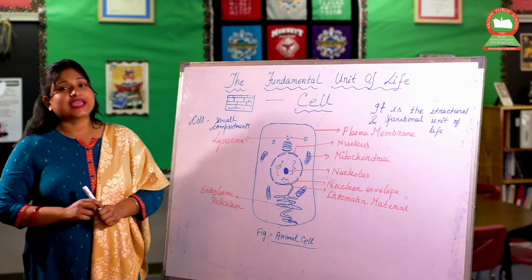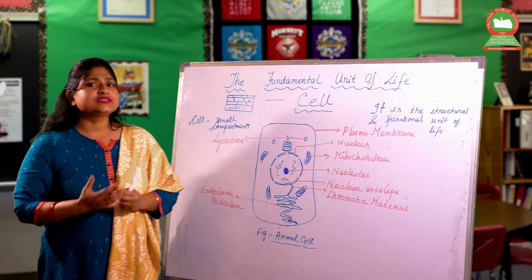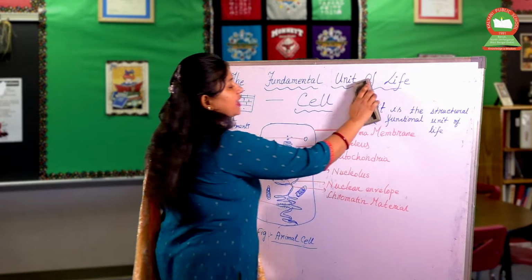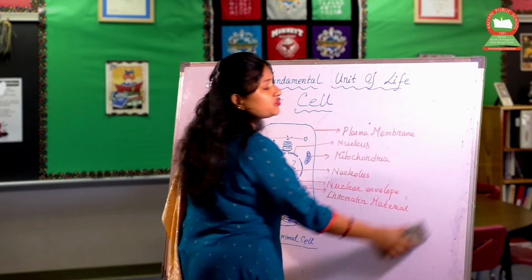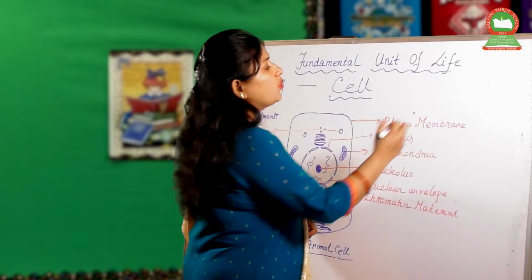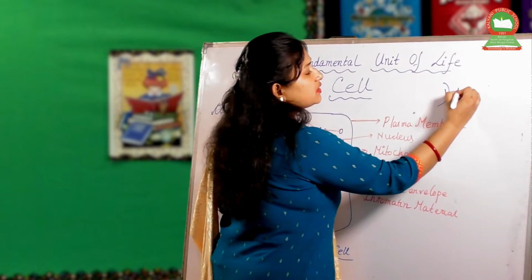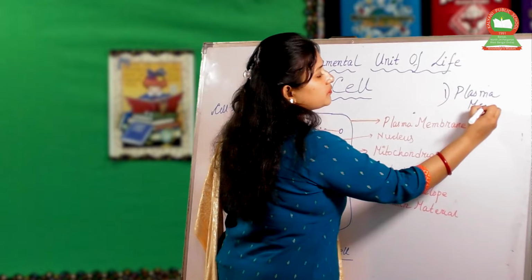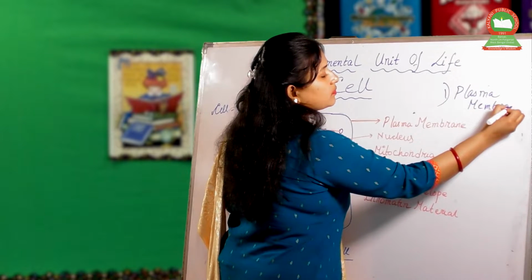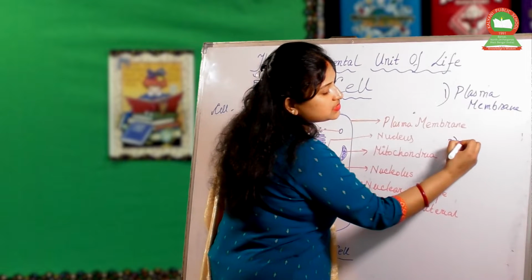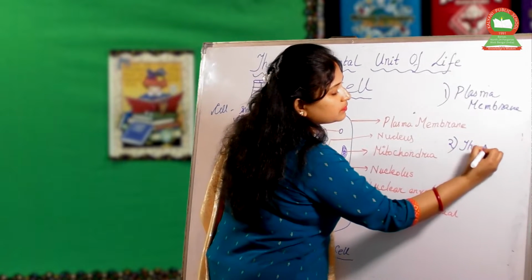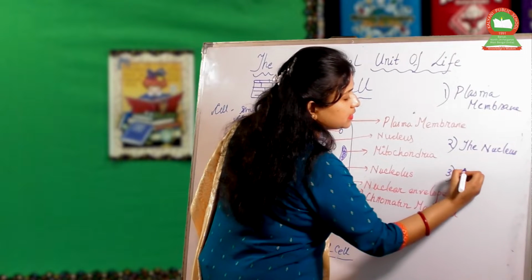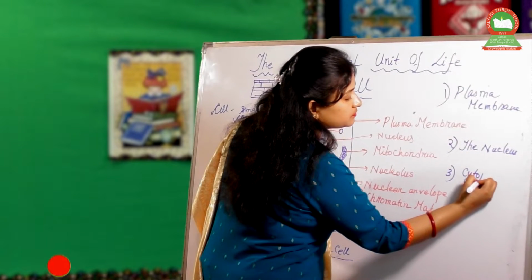Now, coming to the second point, that is, what is a cell made of? The cell is actually made up of 3 components. One is the plasma membrane, the nucleus, and the cytoplasm.